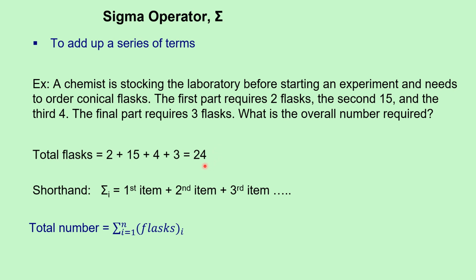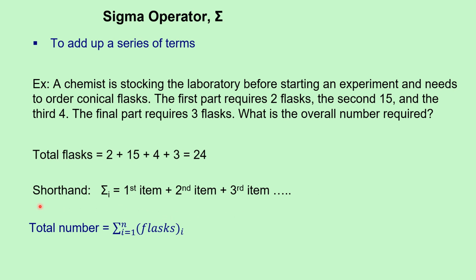But we can use a shorthand by using the sigma operator to represent the total number of conical flasks here. So it becomes sigma, starting with i, which means initial, is equal to first item plus second item plus third item and so forth.